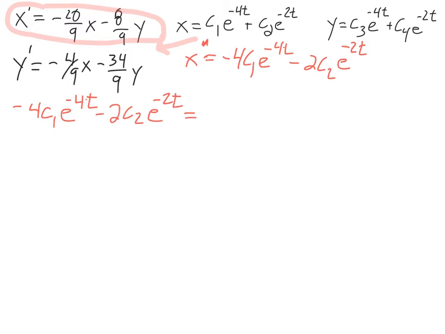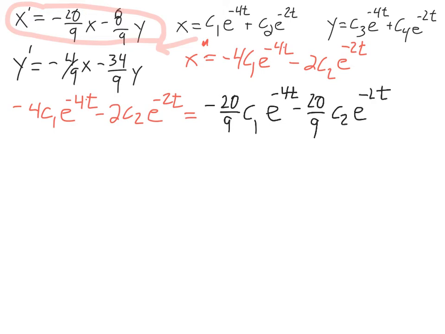And that all is going to equal minus 2/9 x. So minus 2/9 x I can write as minus 2/9 times C1 e to the minus 4t minus 2/9 times C2 e to the minus 2t.